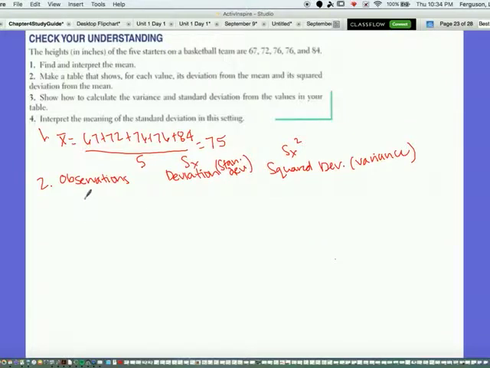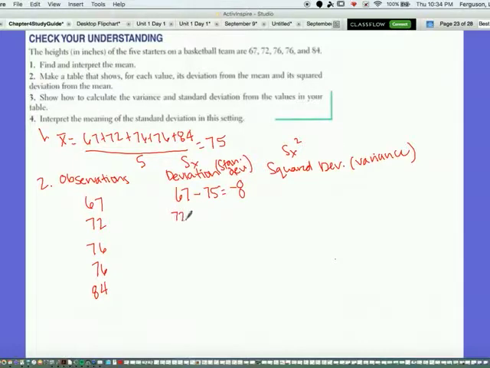Okay, so our observations were 67, 72, 76, 76, and 84. To find our deviation, we take our observation and subtract the mean. So 67 minus 75 gives us negative 8.